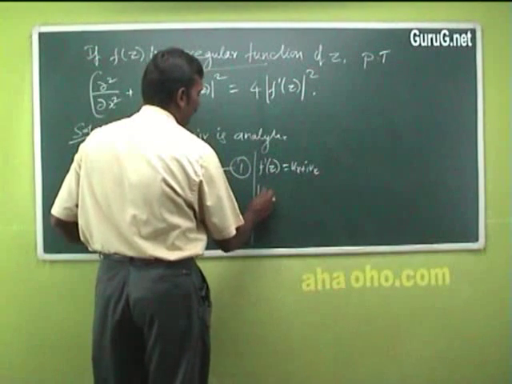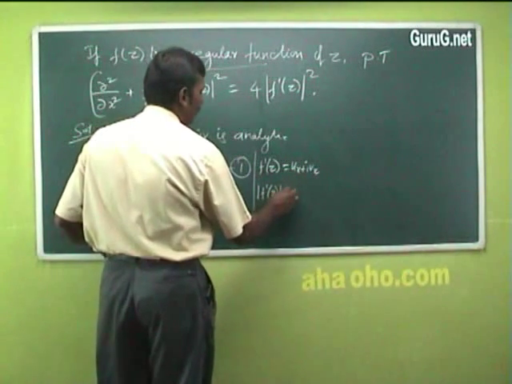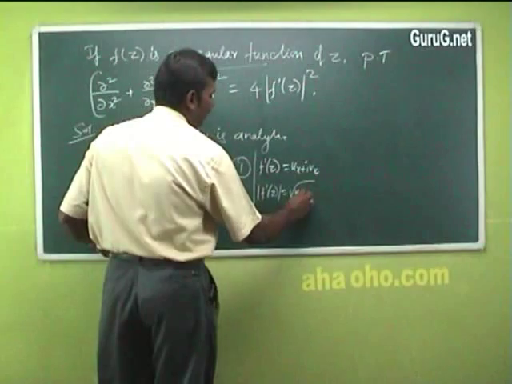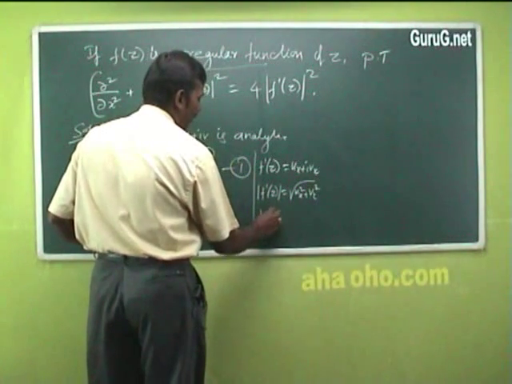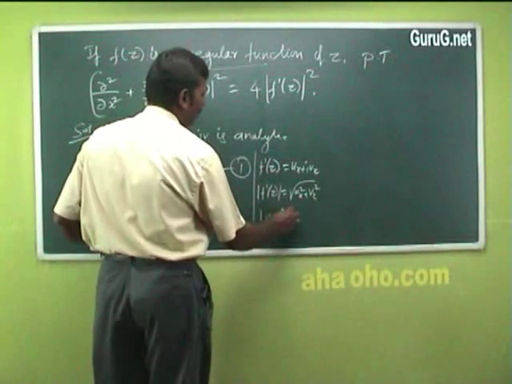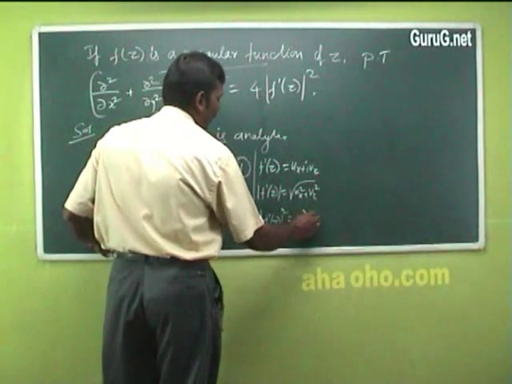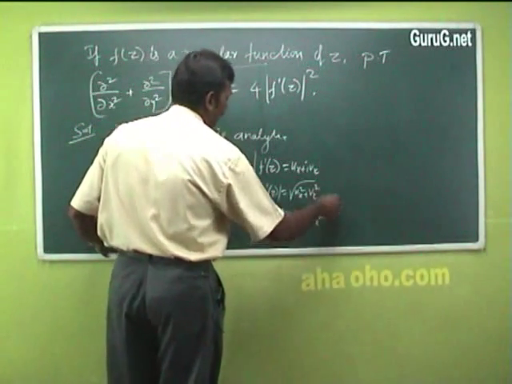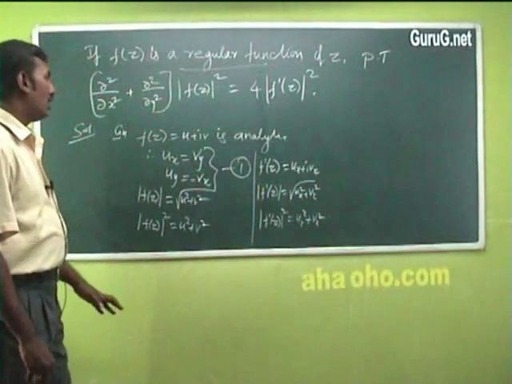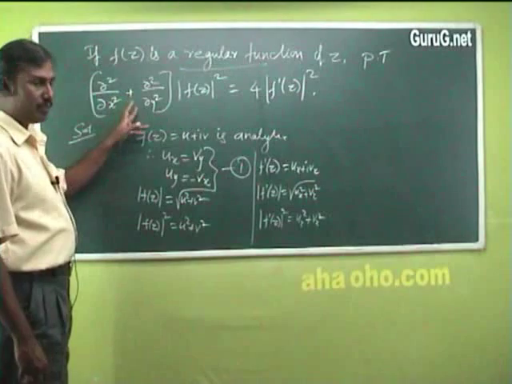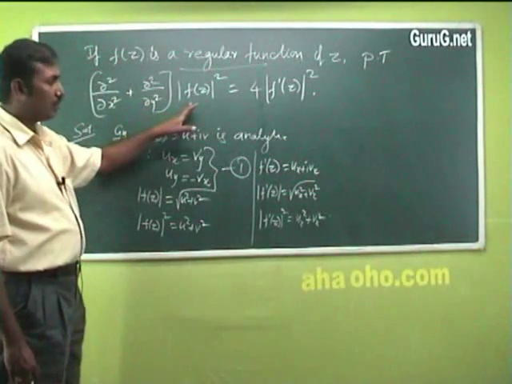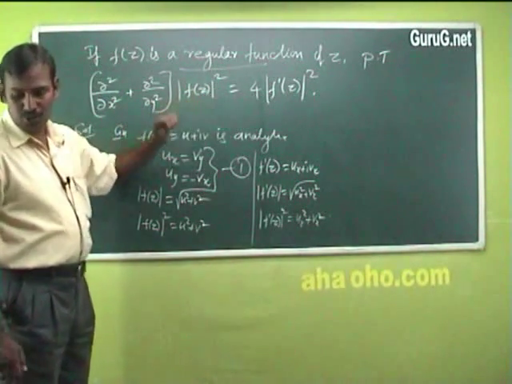Then modulus of f dash of z is root of ux squared plus vx squared. Then modulus of f dash of z the whole square is ux squared plus vx squared, right? Okay. Now we take the left hand side: dou squared by dou x squared plus dou squared by dou y squared of modulus of f of z the whole square.